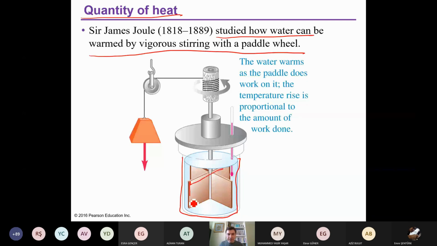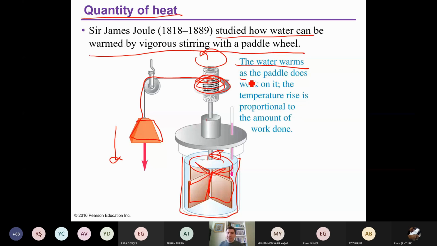You see, there is a paddle wheel, and this is connected with a rope, and the rope is attached to this mass here, and this mass goes down and it is rotated. Then the paddle wheel within the water is also rotated very fast, okay? So the water warms as the paddle does work on it.